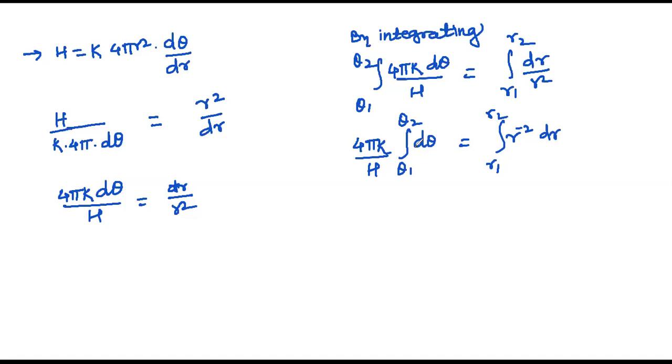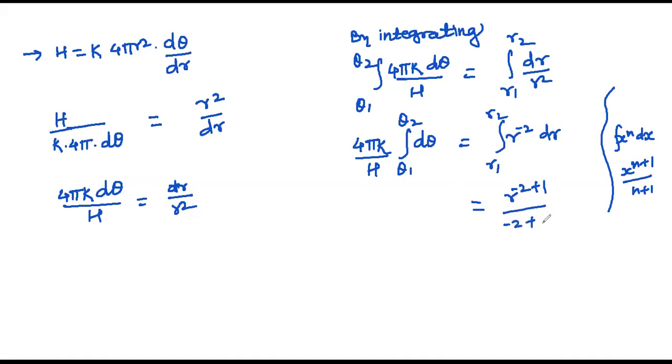Clear? So here what am I getting now. Here this integration, I already told you, x power n dx integration is x power n plus 1 by n plus 1, है ना. तो यहाँ पे क्या आ जाएगा, r power minus 2 plus 1 by minus 2 plus 1 only. Yes, isn't it?